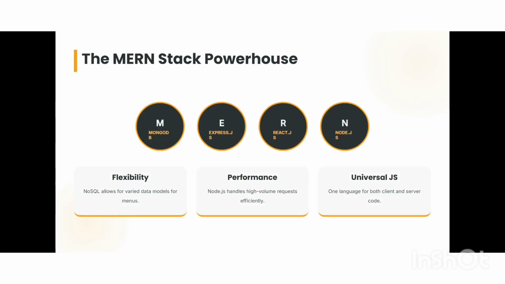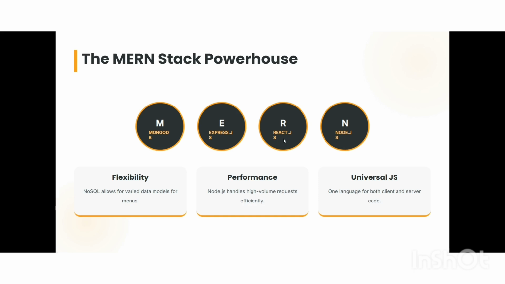What is MERN? I used a popular group of technologies called the MERN stack: MongoDB, Express.js, React.js, and Node.js. MongoDB is a flexible database to store food menus. Express.js is a framework to build server pathways quickly.